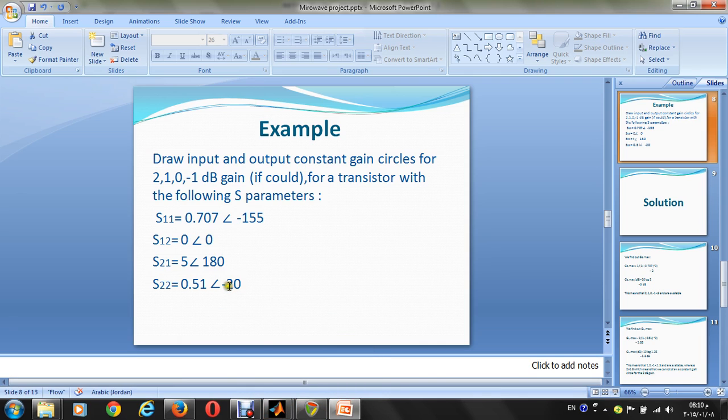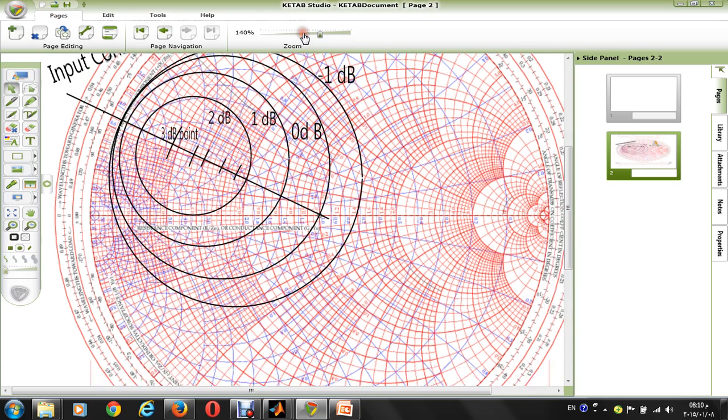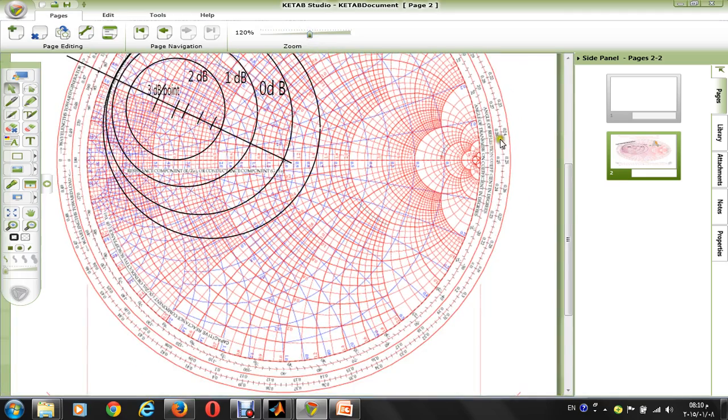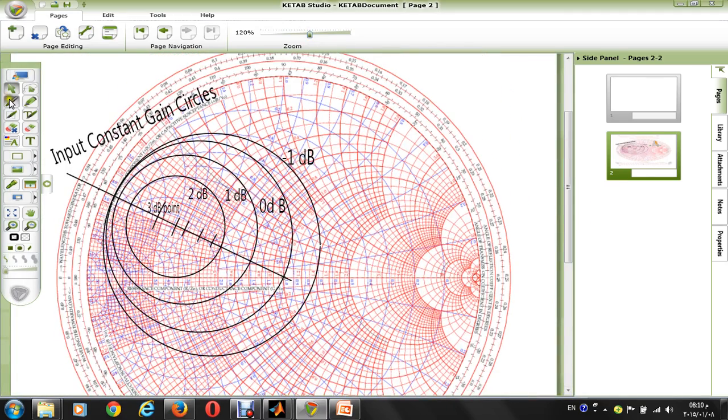The conjugate means that the angle is 20, not -20. I go to ketab. No need for the compass right now. Zoom out a little bit. Okay. I need the pen. Where is the pen? I want the angle of 20, which is this.